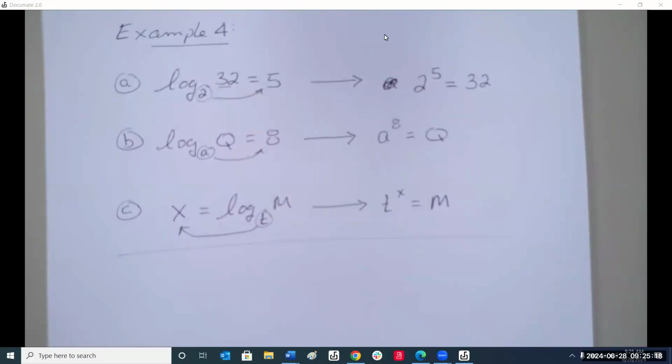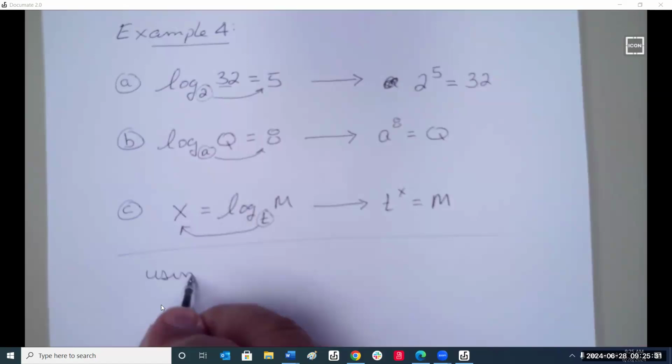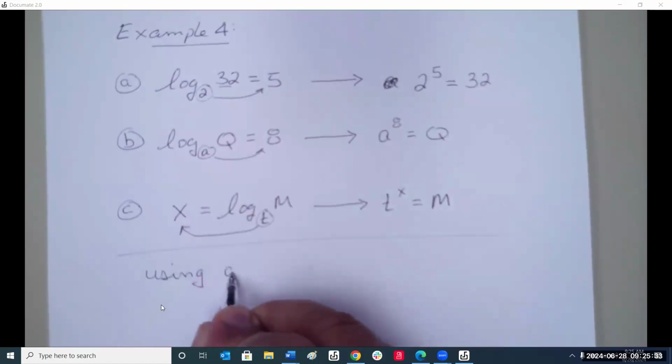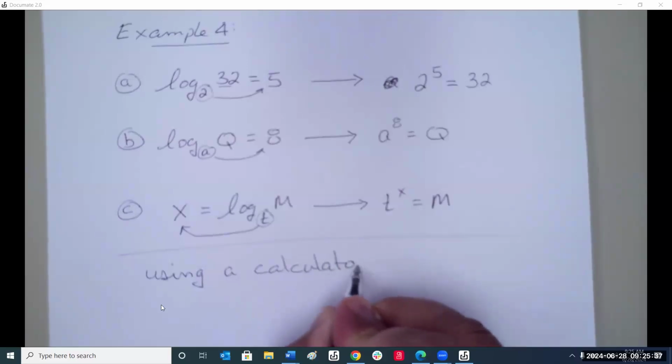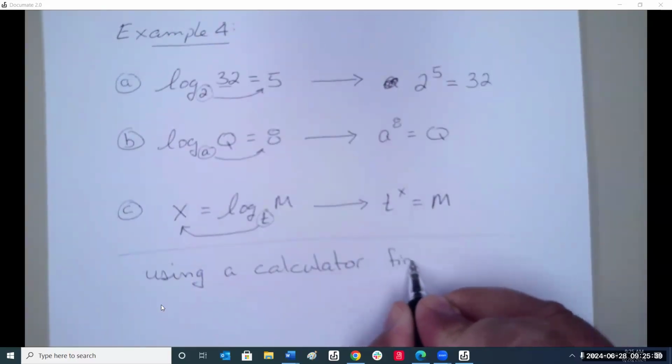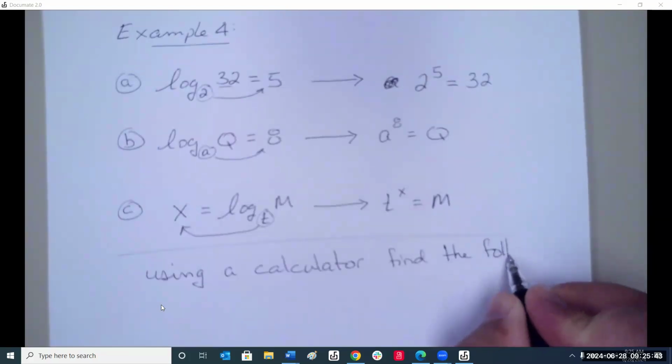The next three questions are kind of ridiculous, but we've got to use them. The next three questions use a calculator. Find the following.